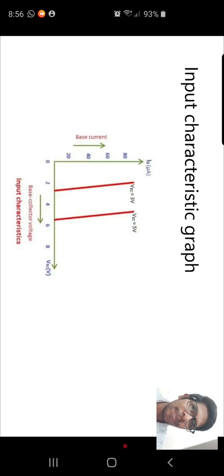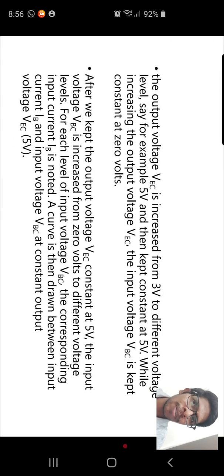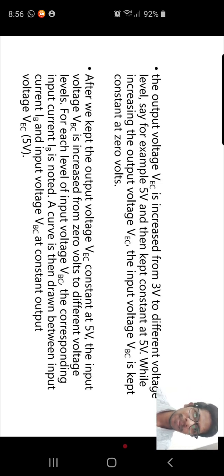Let us discuss about the input characteristics graph. We can see VBC voltage on the x-axis and IB, measured in microamps, on the y-axis. One curve is for VEC equals 3 volts, and another for VEC equals 5 volts. The output voltage VEC is increased from 3 volts to another level, for example 5 volts.